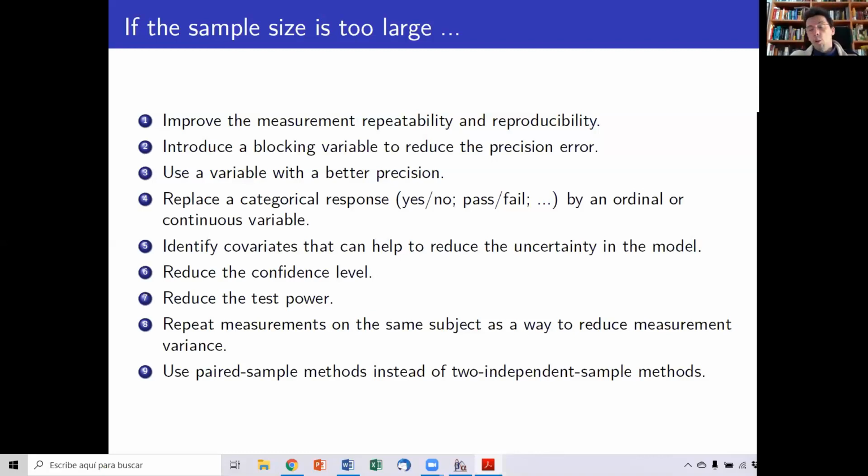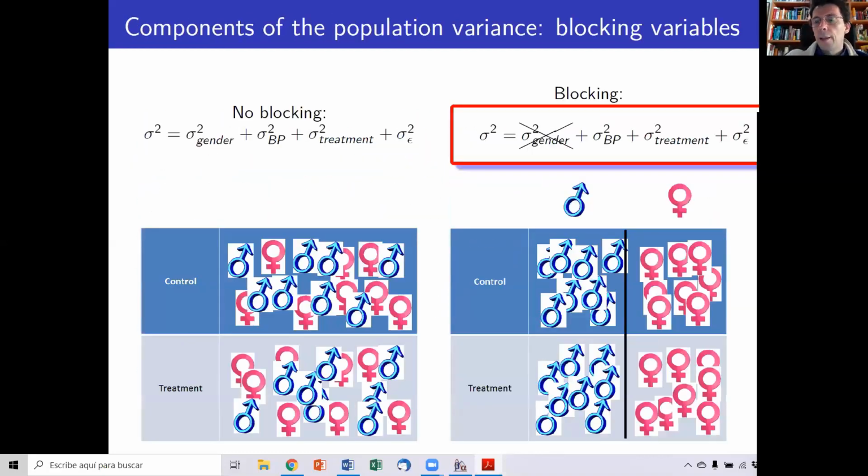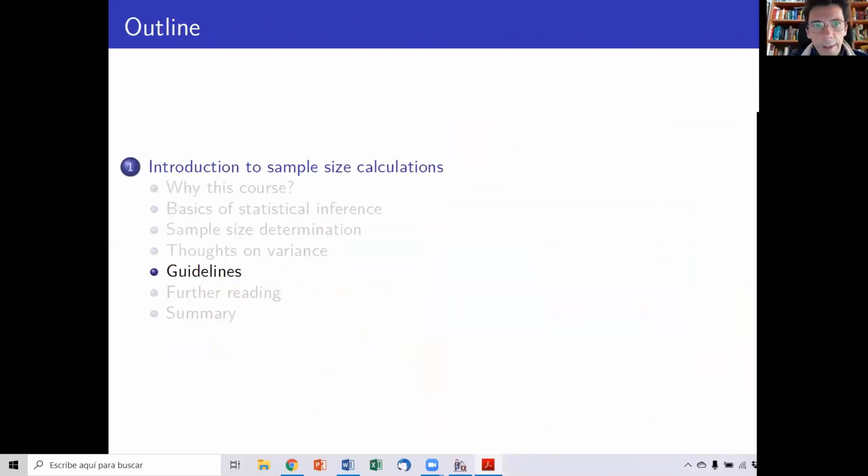So the true observation is the difference between the after measurement and the before measurement. And in that way, you are getting rid of the inter-individual variability, because now your observation is referred to the same individual. So this term of inter-individual variability would go away.